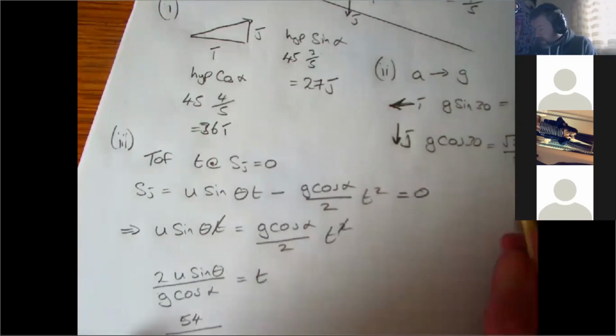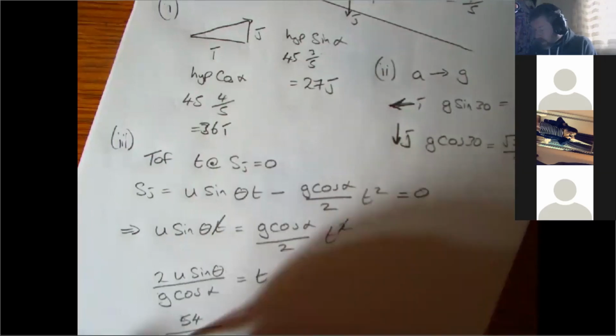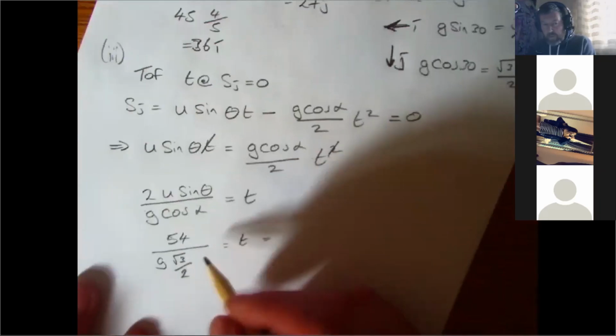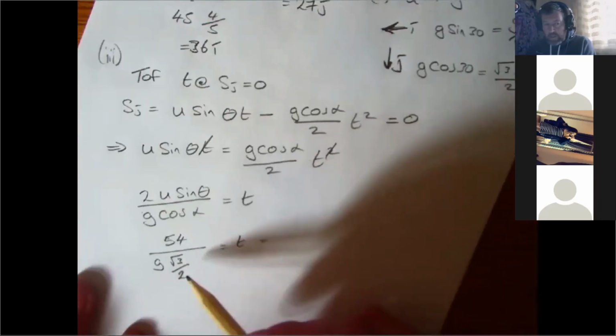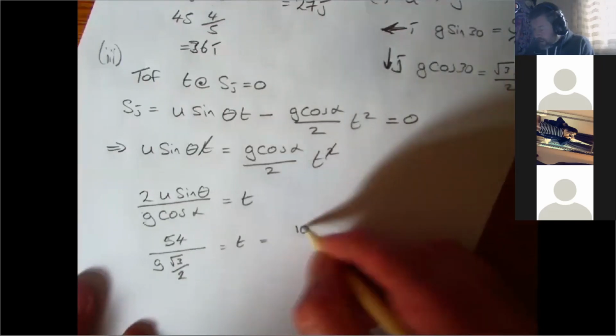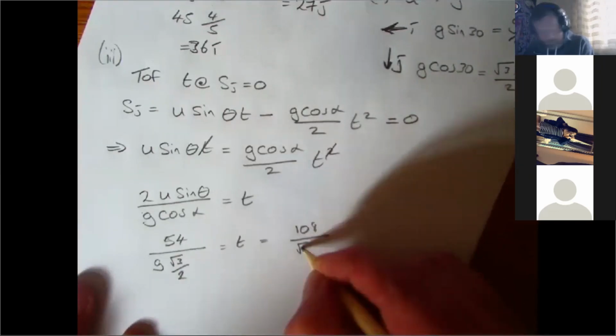So that's G root 3 over 2, is equal to T. So that makes dividing 54 by G root 3 over 2, which makes 108 over root 3 G.